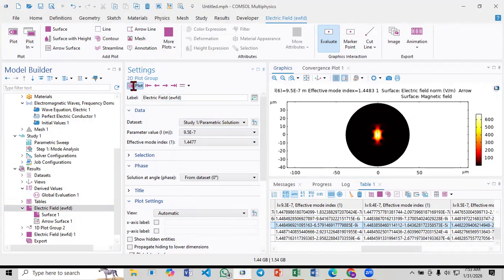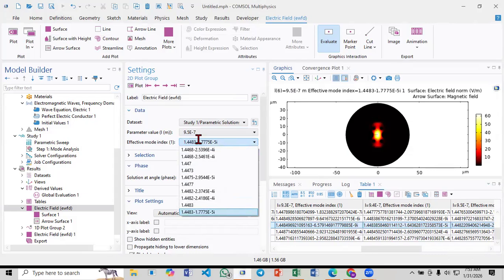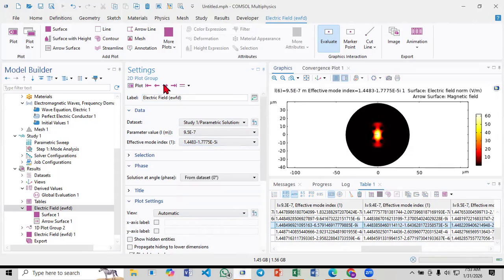Maybe this one, not this one. Let me find it. Okay, this one is the core mode. So the position of the effective mode is the bottom of these values. Let me check it for other wavelengths.